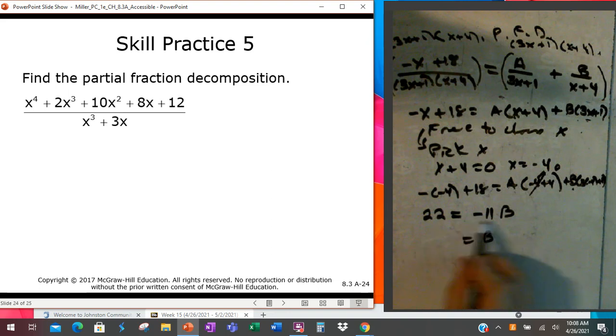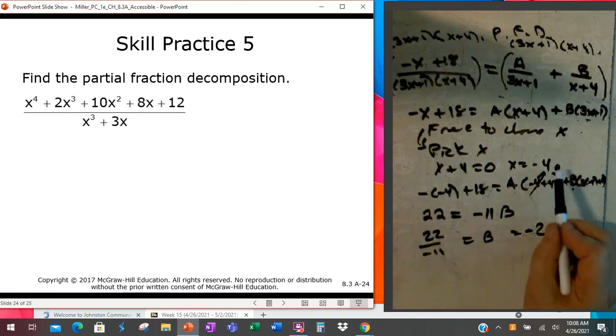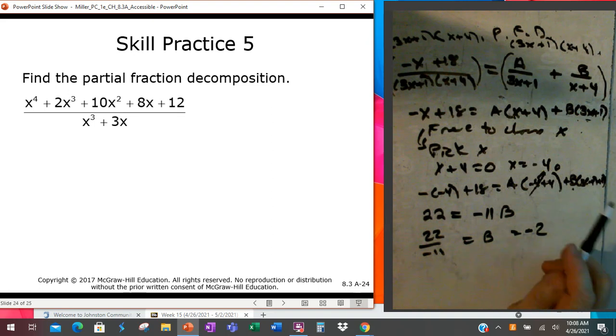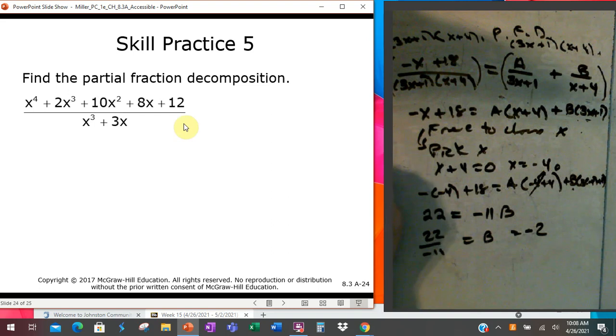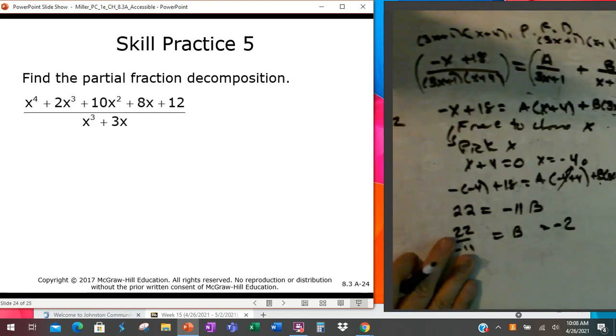And my B is 22 over -11, so that's just -2. It makes it easier to solve if I pick the correct value. So B is equal to -2. Okay, so I've got that.